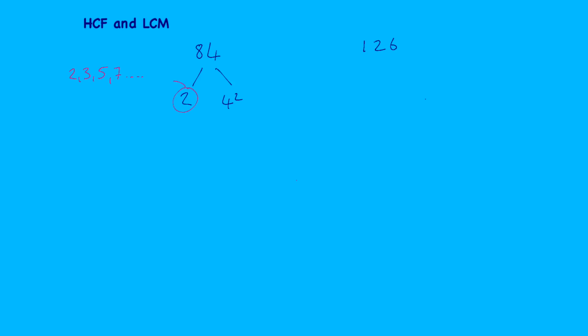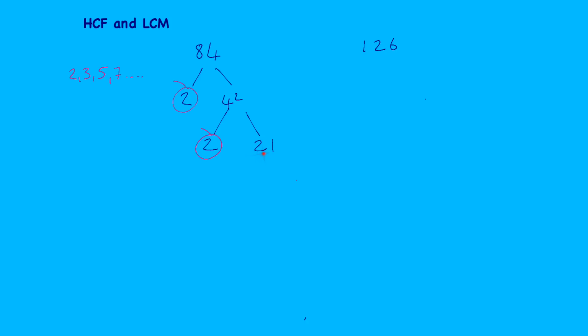Remember, once you have a prime number, you circle it and you make it a cherry. So then we go to the 42. Does 2 divide into 42? Yes, it does. So 2 divides into 42 21 times, and that gives us another cherry. Then we move on to 21. Does 2 divide into 21?